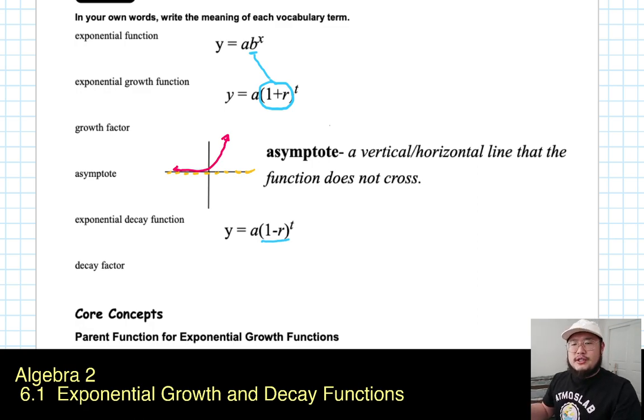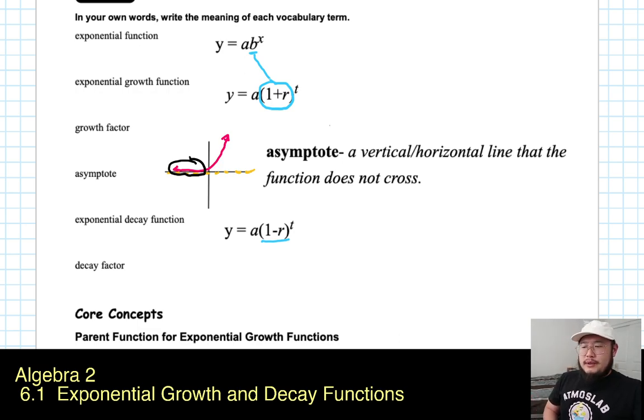And what I need you to understand here is that in this exponential growth function, when x is going towards negative infinity, that red part right here, this portion right here, it looks like it's going to hit the x-axis, but it actually does not. It gets very, very close, but it will never cross that x-axis, or x is equal to 0.